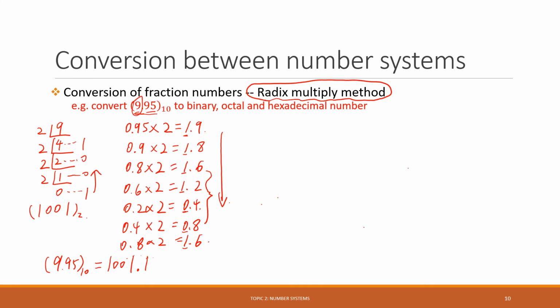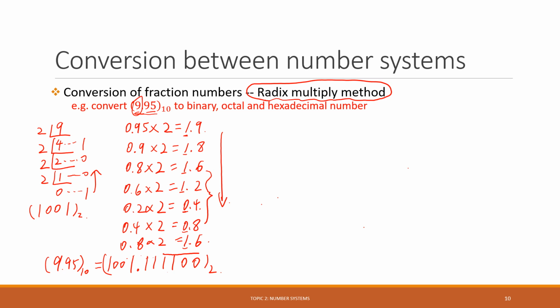Then we write 11110. Actually, starting from the next bit, it's going to repeat itself. So we can put a line here, meaning this part is repeating.